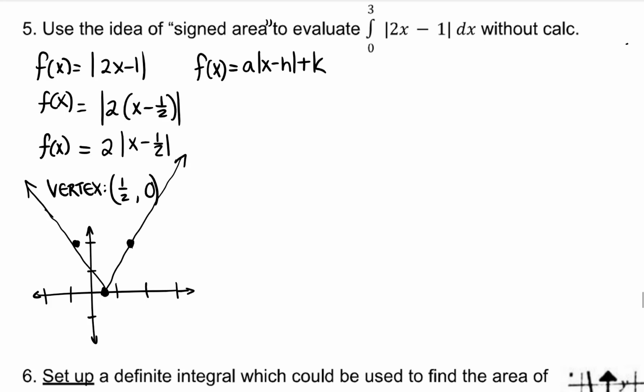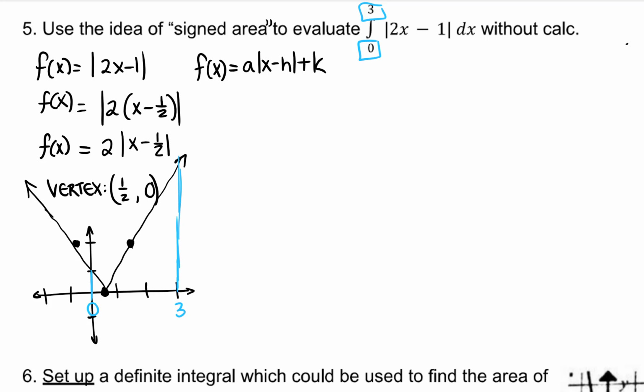We are evaluating from a is 0 and b is 3. So our lower boundary is 0 and our upper boundary is 3. Integrals are talking about the area between the curve or the function and the x-axis.